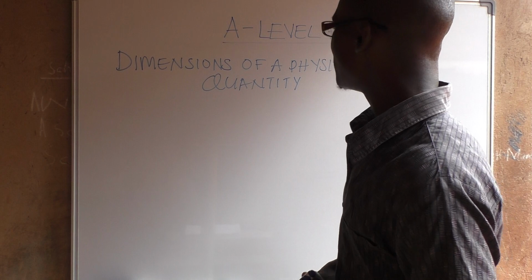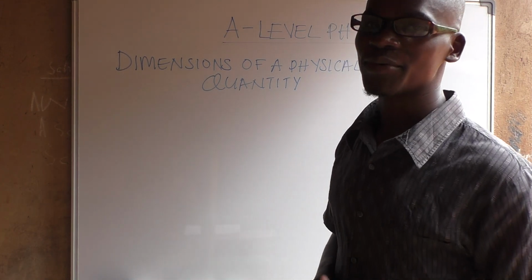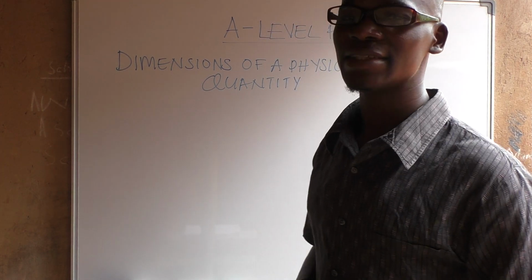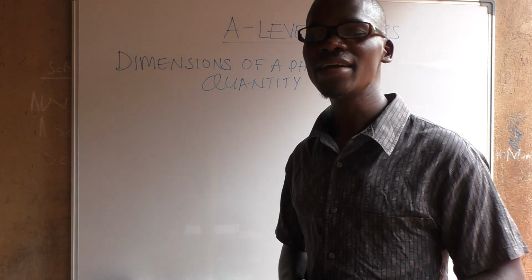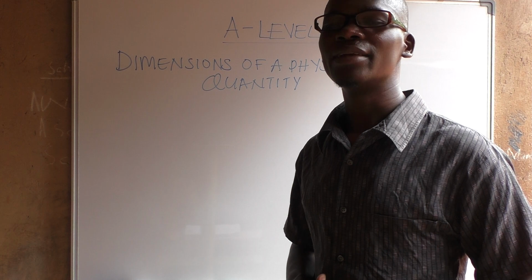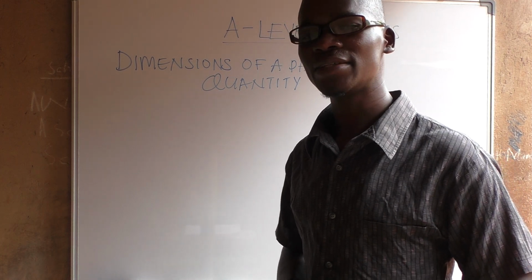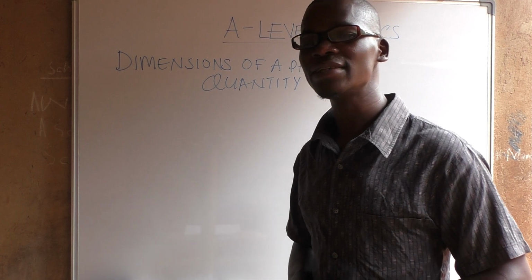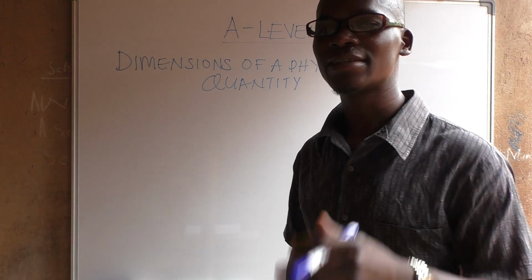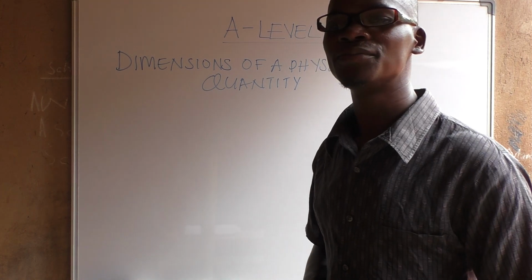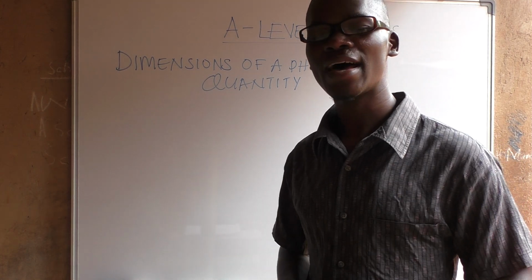Let us look at dimensions of a physical quantity. Dimensions of a physical quantity is defined as the way derived quantities are related to fundamental quantities of mass, time, and length.